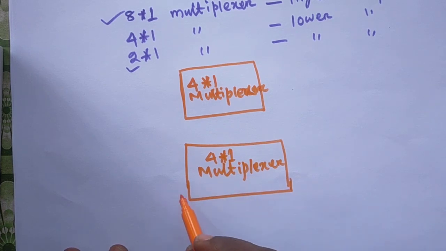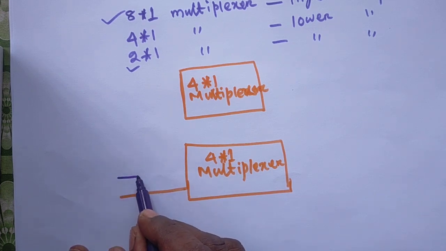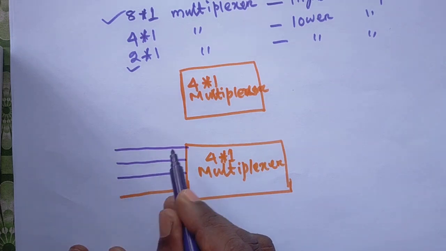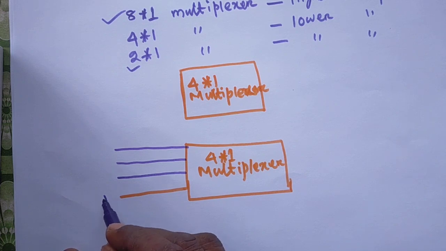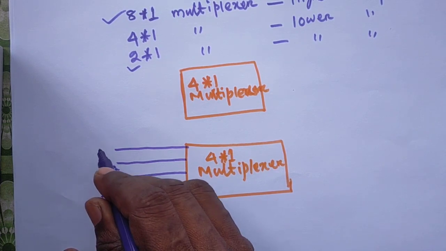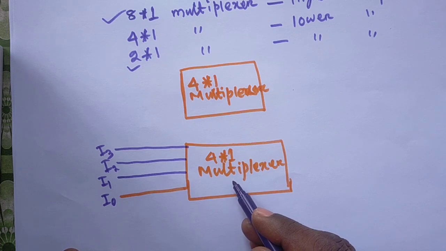Now we see how the inputs are used. Here are I0, I1, I2, I3. These 4 inputs are given to this multiplexer.